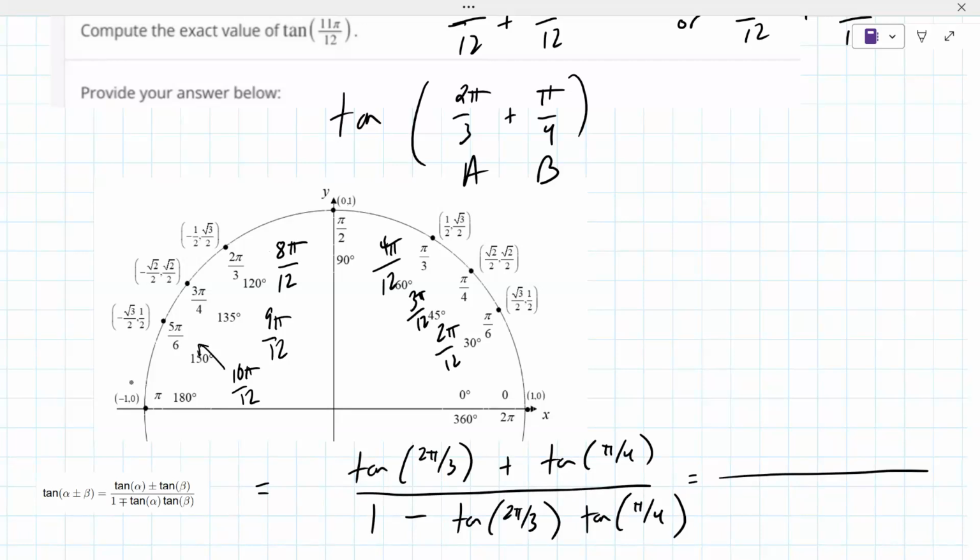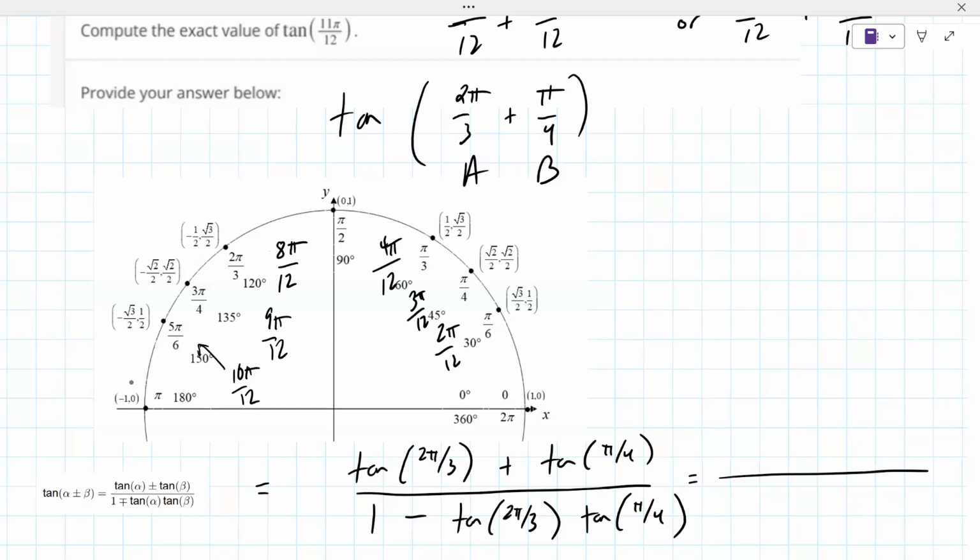Okay, so then tangent of 2 pi over 3 is negative square root of 3, plus tangent of pi over 4, which is 1, over 1 minus negative square root of 3 times tangent of pi over 4, which is 1.